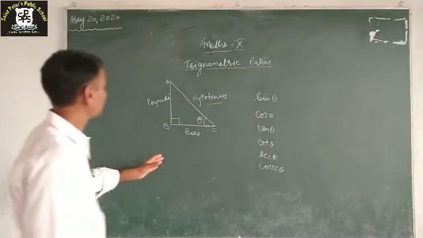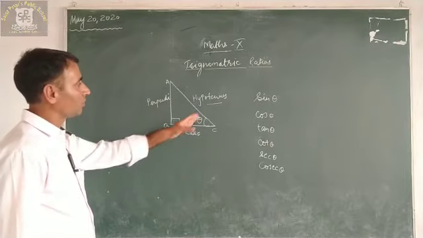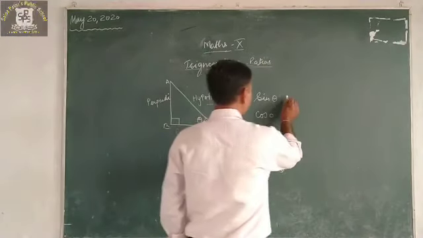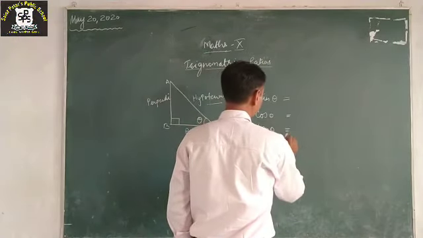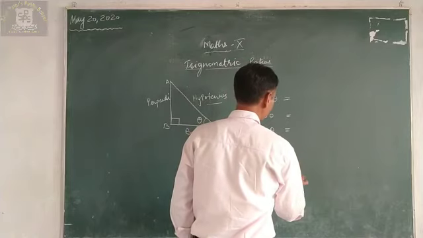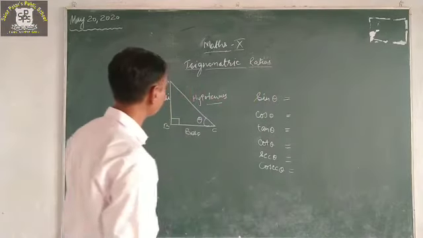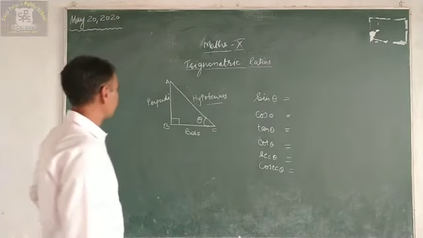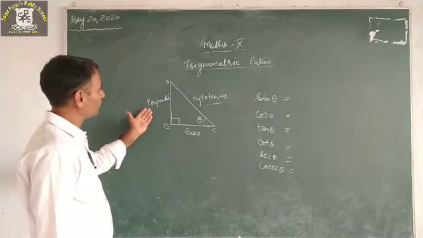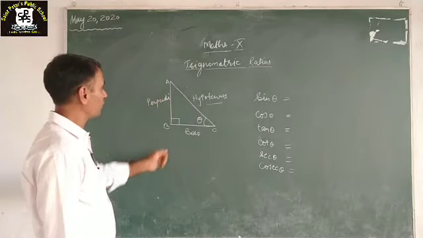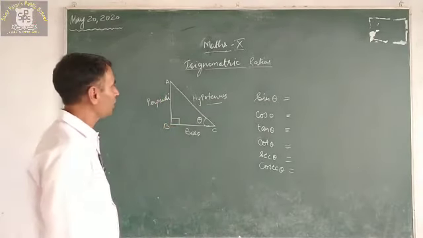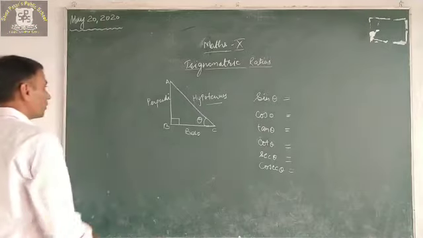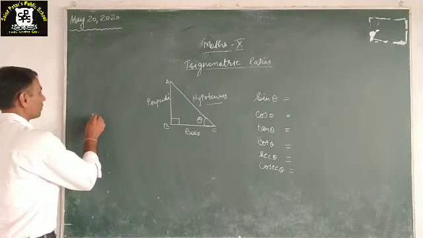And you have used the sides of the right angle triangle for these trigonometric ratios. For sine theta, the relation between perpendicular and hypotenuse; for cos theta, between base and hypotenuse.